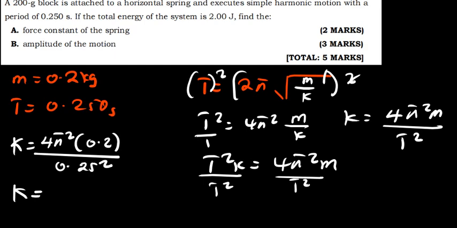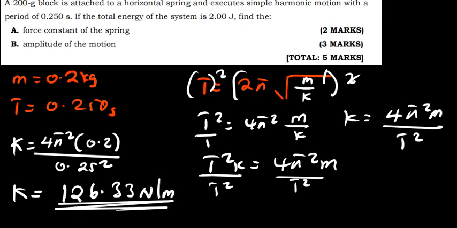Let me punch again: 4 times pi squared times 0.2, and then this answer I divide by 0.250 squared. Yes, the same one, 126.33. The spring constant is always in Newton per meter. So that is the force constant.